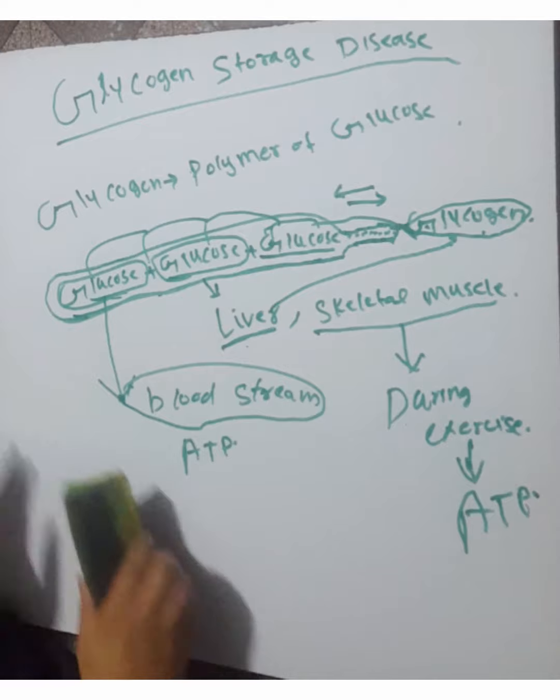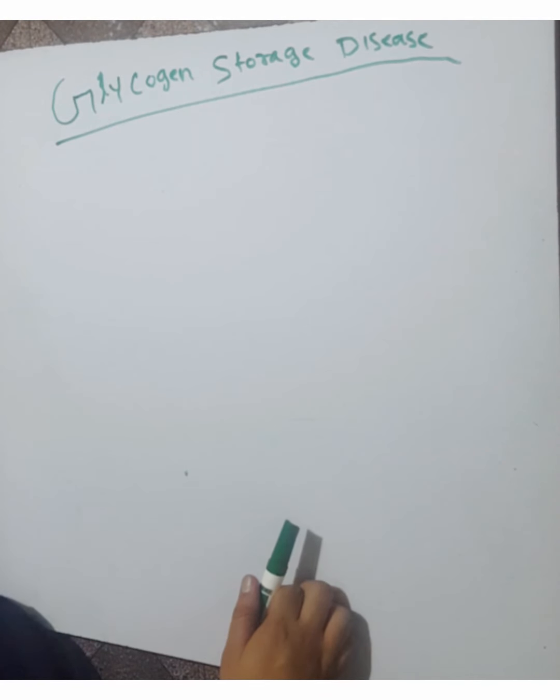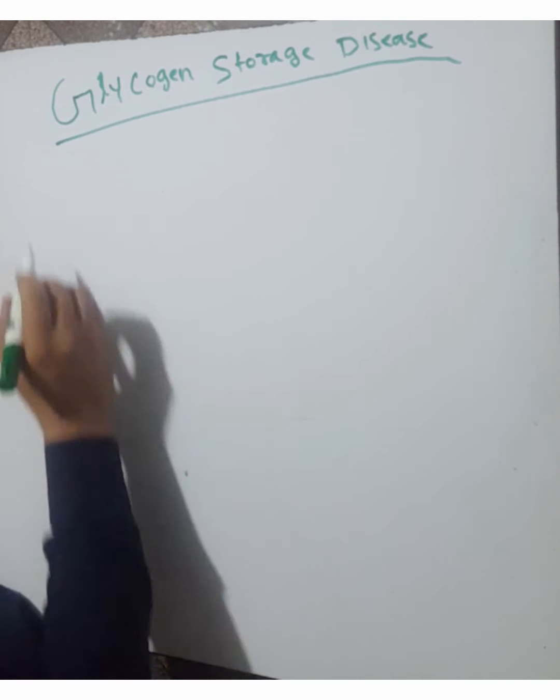So, what is glycogen storage disease? Glycogen storage disease is a hereditary disorder. There is a deficiency of enzymes involved in glycogen storage or breakdown.